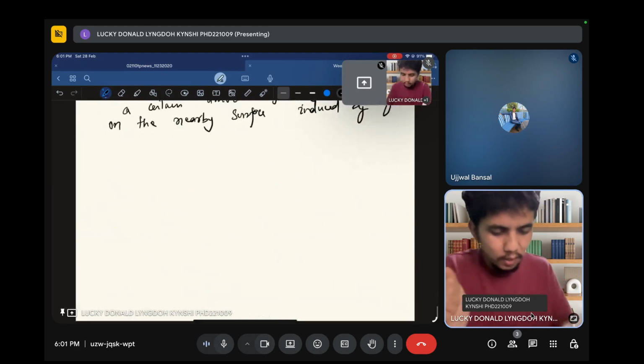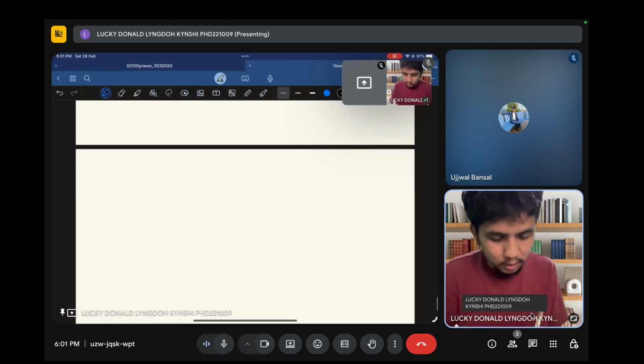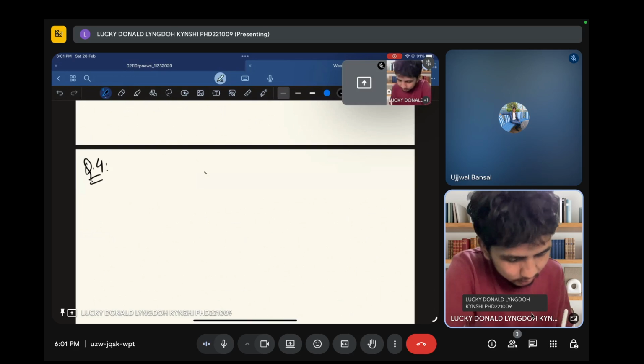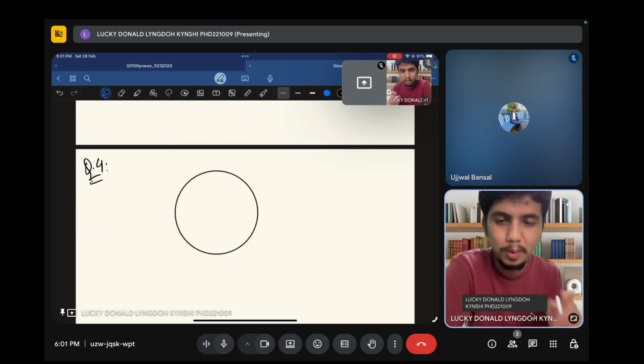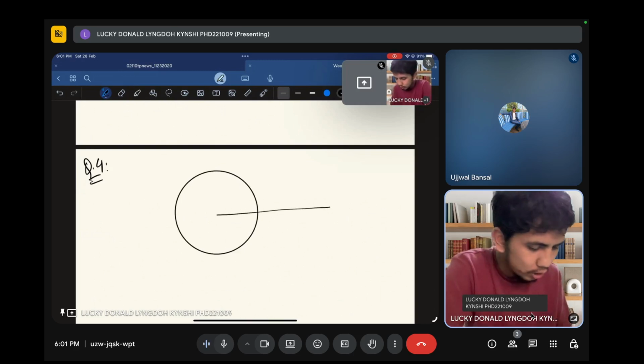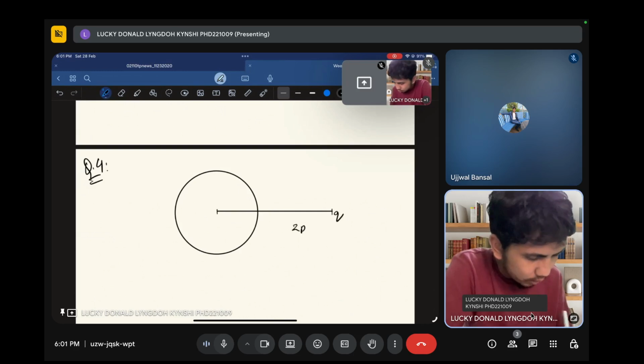What does it mean? If you try to answer question number 4, it means that there is a conducting sphere, and there is a point charge plus q, which is located at a distance 2r.